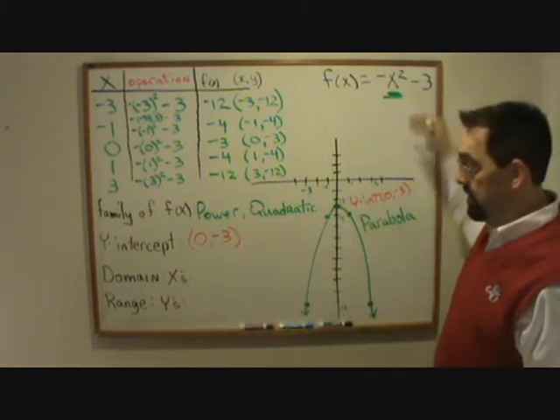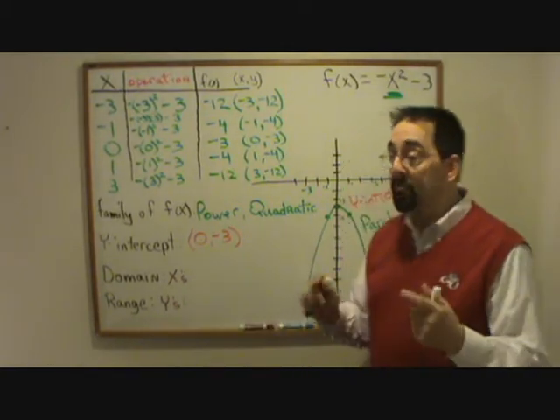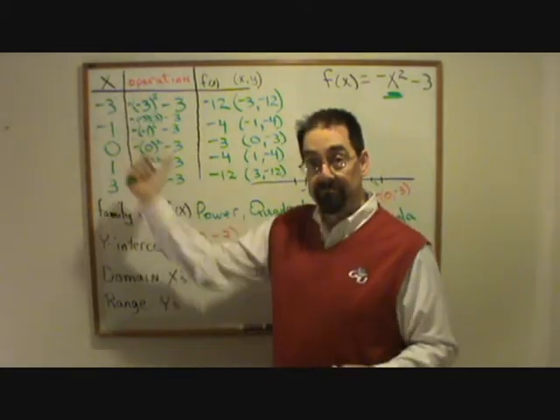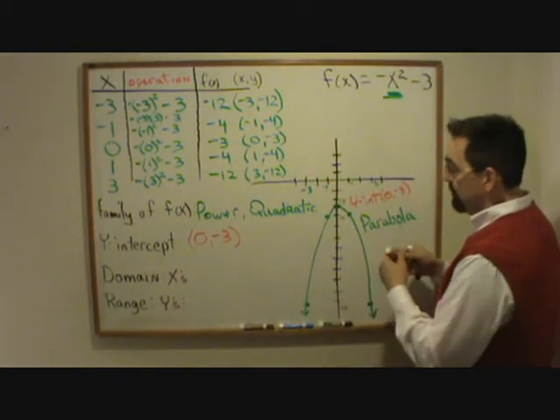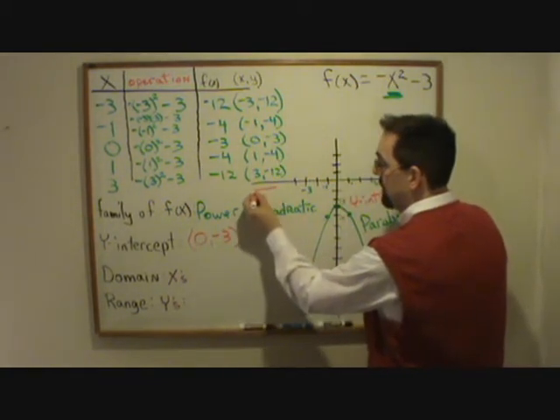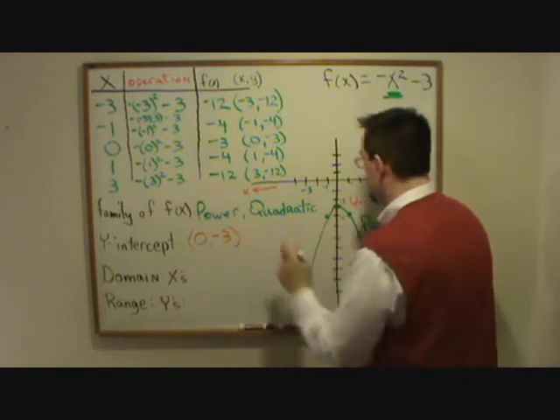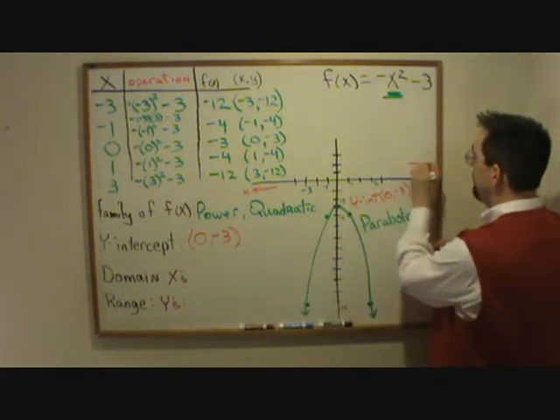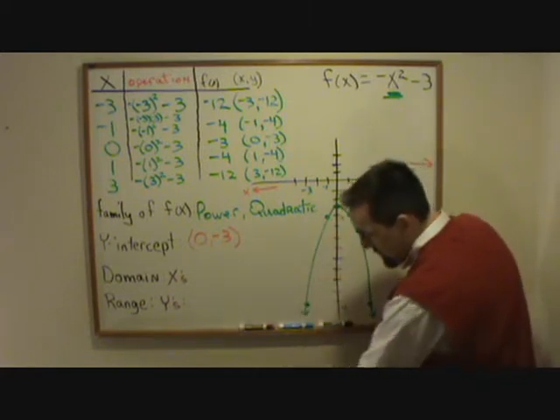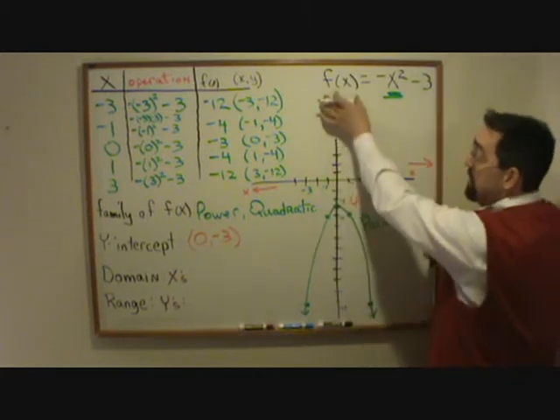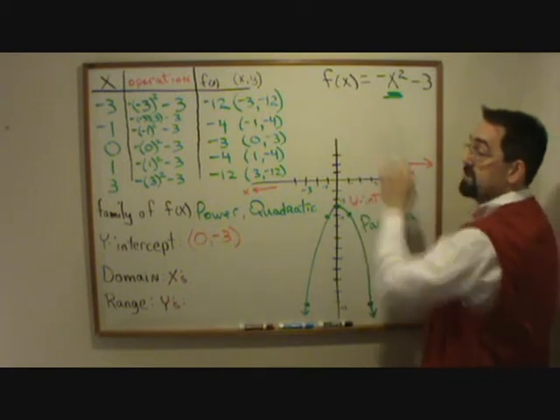for this function. Domain refers to all the possible x's, the inputs that I can stick into this function. Well, if we want to look at that, we say all the x's in the negative direction, all the x's in the positive direction. Well, if this goes on forever, we can say that we can put big numbers in here and really small numbers.